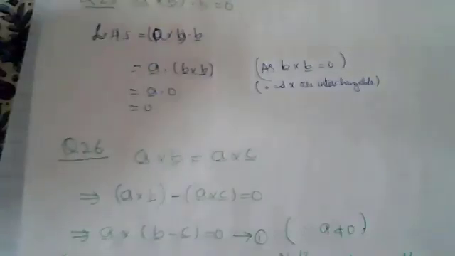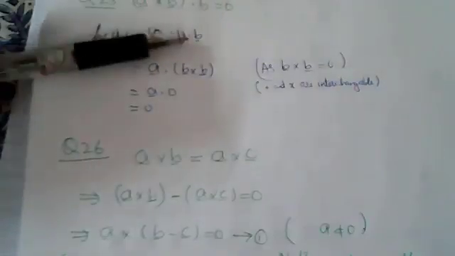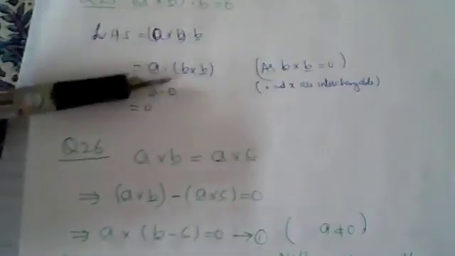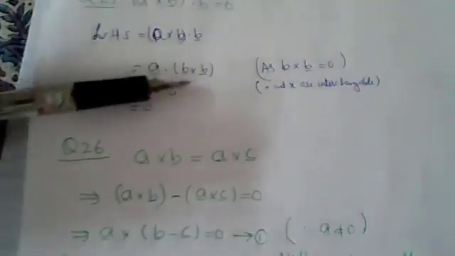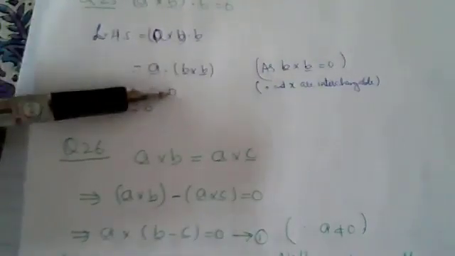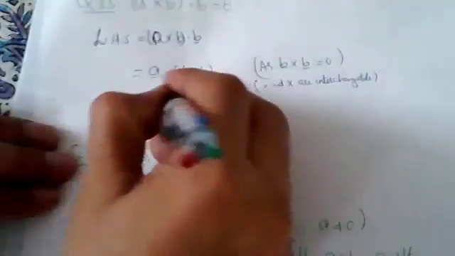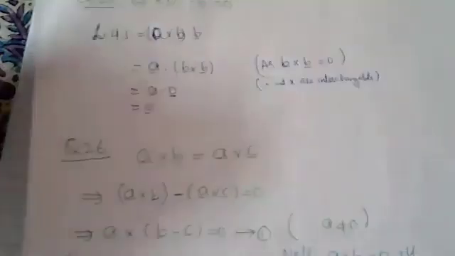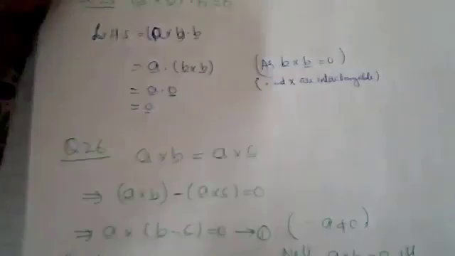Or we can also use this property: as dot and cross are interchangeable, interchange them. B cross B, cross product with the same vector, is 0, so the answer is 0. So you have null.